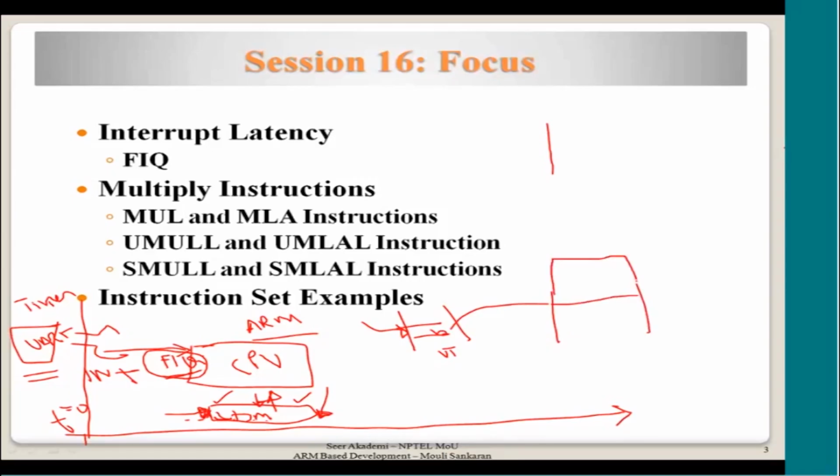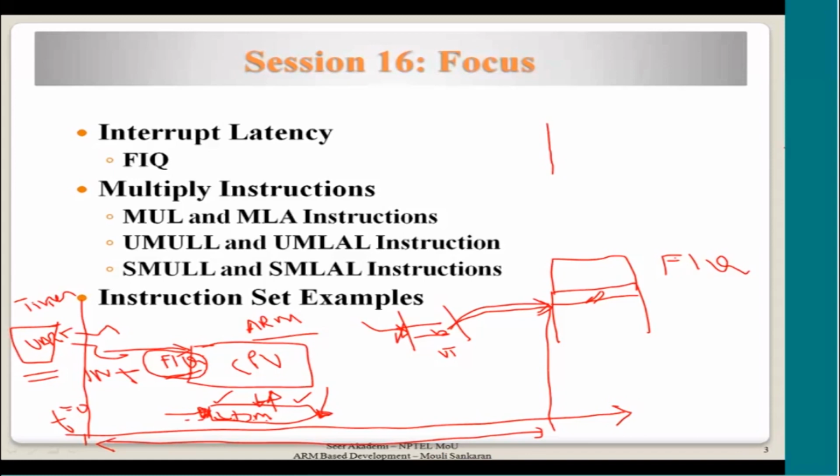That could be the FIQ handler. The time taken for the processor to complete the current execution, then access the vector table and go to the first instruction, and execute the first instruction of the handler, is called interrupt latency. It is the time taken for the processor to recognize the interrupt, and it is not enough if it recognizes it; it has to access the vector table.